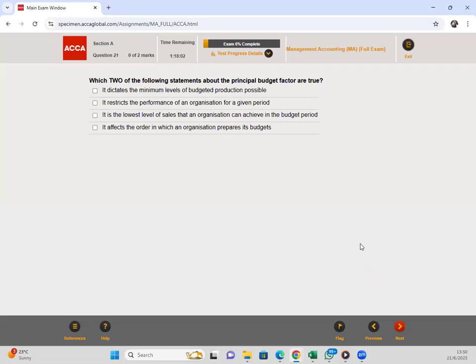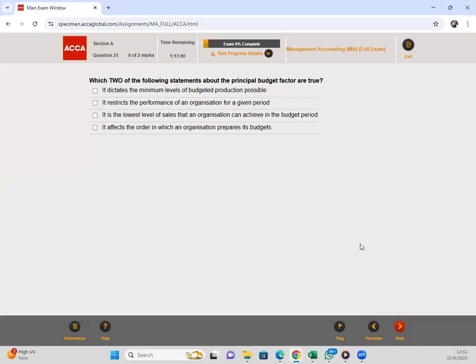Which of the following statements about the principal budget factor are true? When we are producing, there can be a factor which limits us from producing to our maximum capacity.